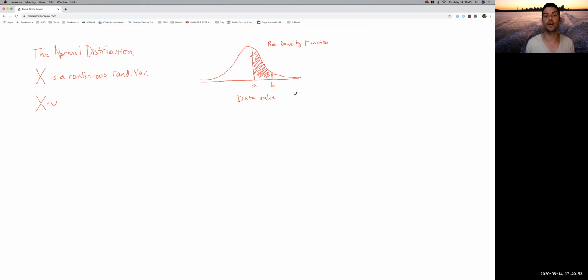So in this case, I'm writing down a picture of what this area would represent, the probability of our variable being between these two data values. We get that from the area, which we'll talk about how to find those areas a little later. But our notation will be that X follows, we use an N to represent the normal distribution.